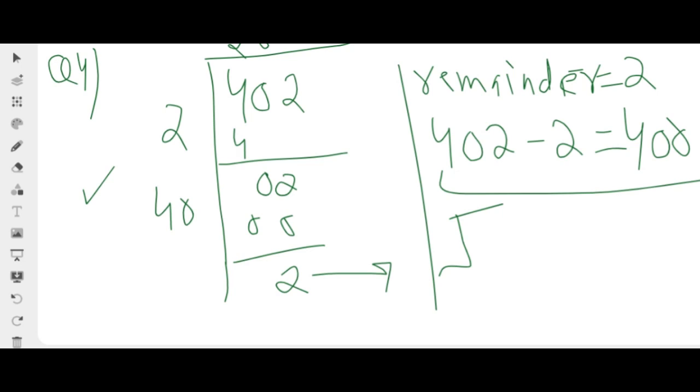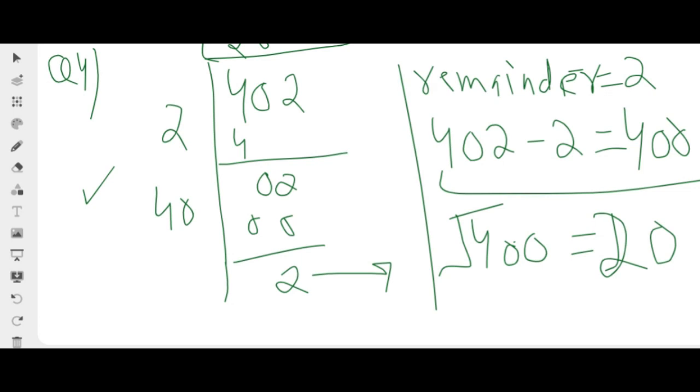Okay, got it? Yes, ma'am. And after that they told us a perfect square will be obtained by subtracting, because 20 squared is less than 402. We cannot use that 20, we have to use the remainder. After we get 400, 400 has the perfect square root, that is 20.